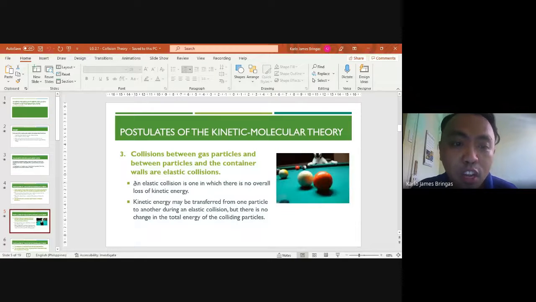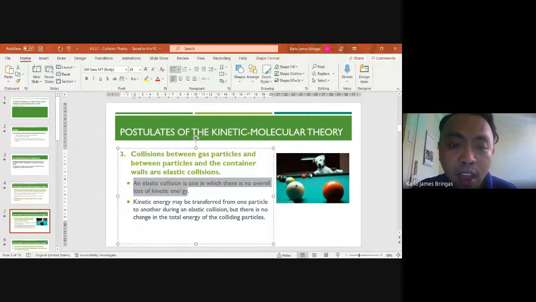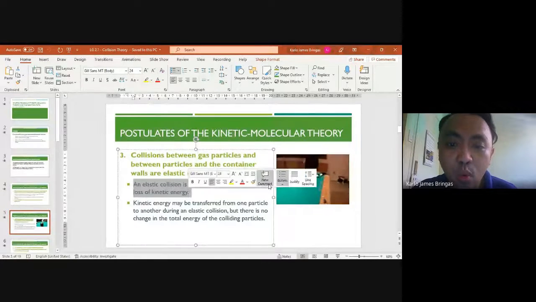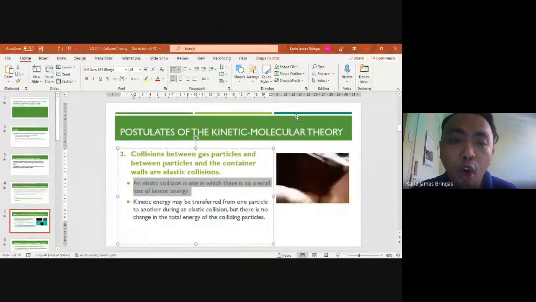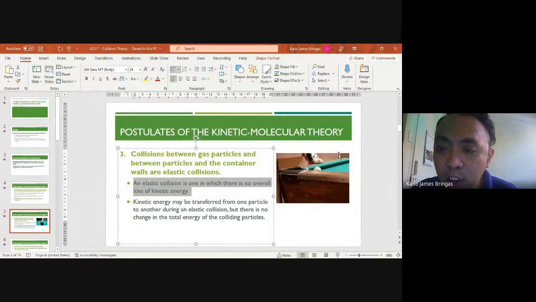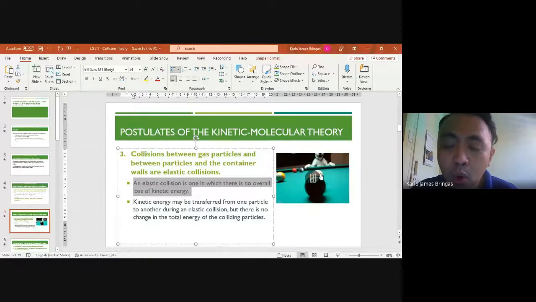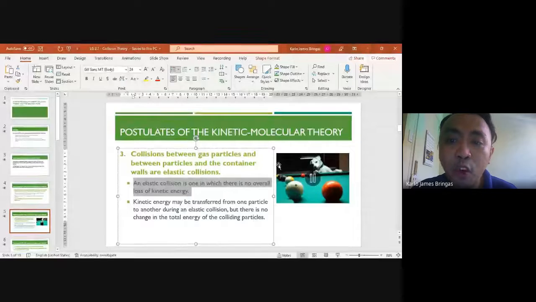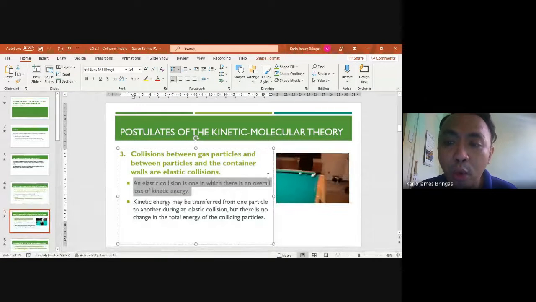An elastic collision technically is defined as a collision in which there is no overall loss of kinetic energy. If our cue ball stops like here, its kinetic energy has been completely transferred to the other ball.